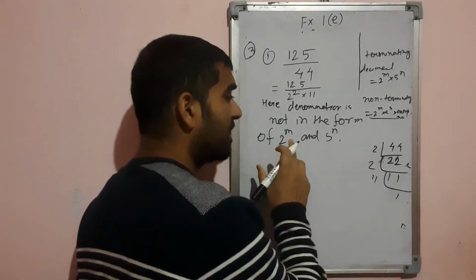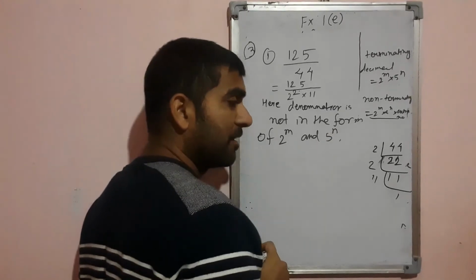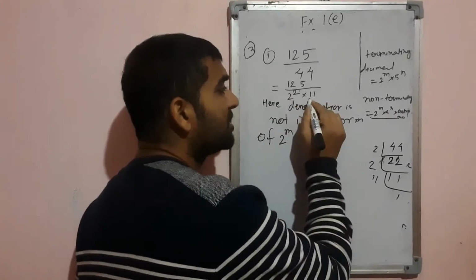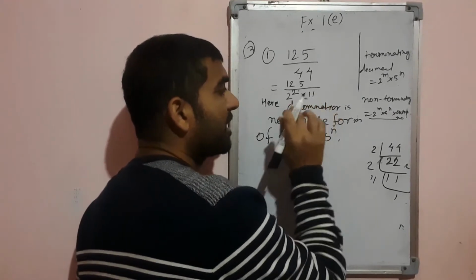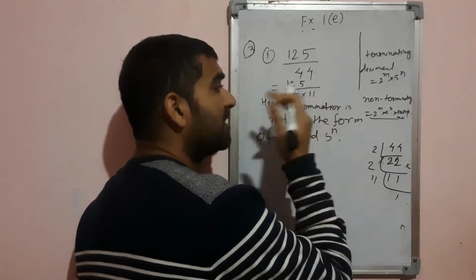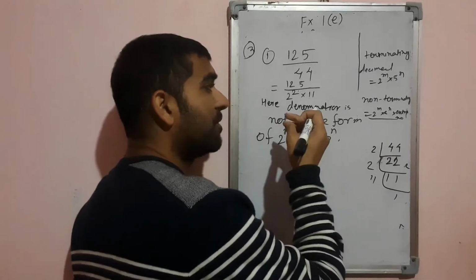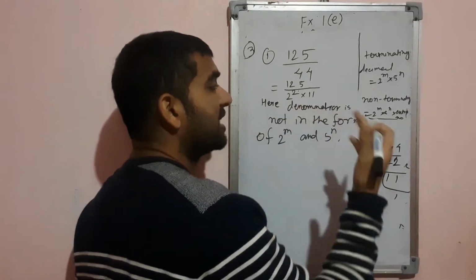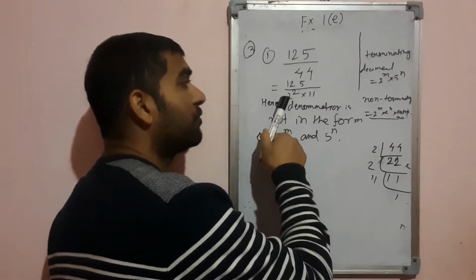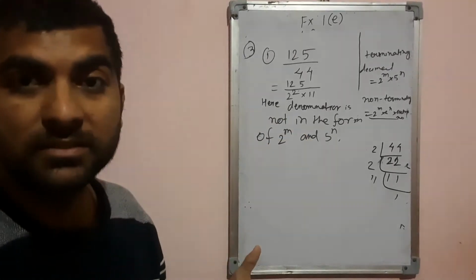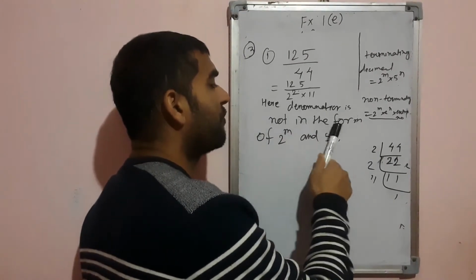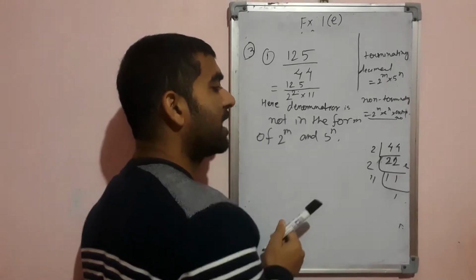Why are we saying 2 power m, 5 power n? See why it is not in the form? Because of this extra number 11. If we have only 2 and 5, you will say yes, terminating, but if we have an extra number like 11, 7, 15, then we will call it non-terminating. Only if 2, 5 is here, then it will be terminating. So we are writing that here denominator is not in the form of 2 power m and 5 power n.